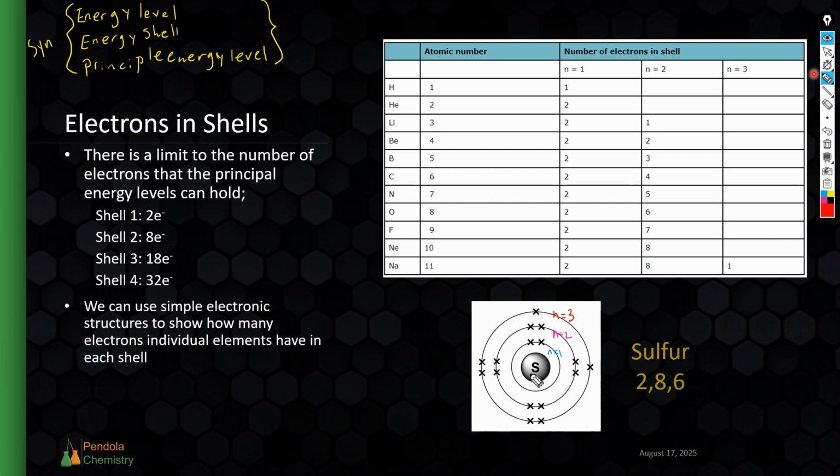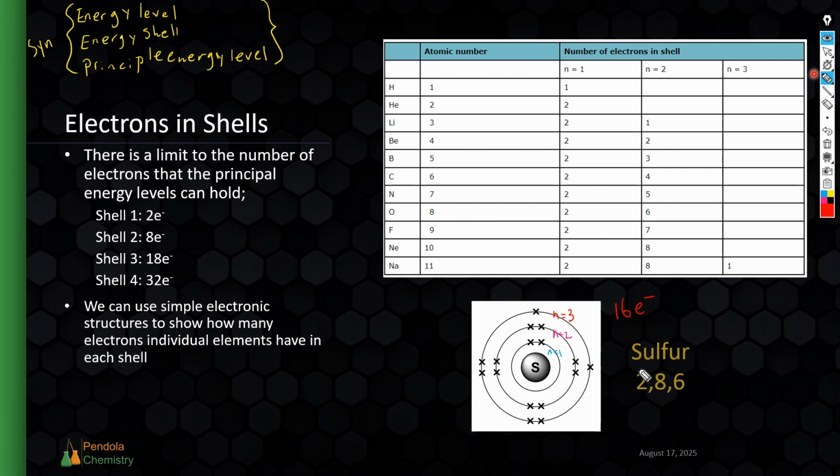And that's specifically sulfur, because sulfur has a total of 16 electrons. And we can see here 1, 2, 3, 4, 5, 6, 7, 8, 9, 10, 11, 12, 13, 14, 15, 16, all 16 electrons represented with their locations for the energy levels.